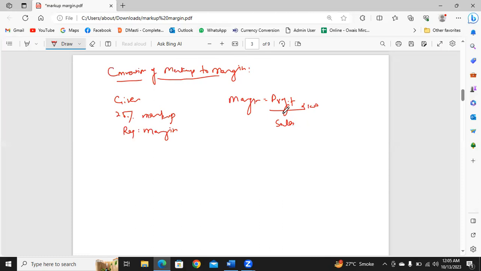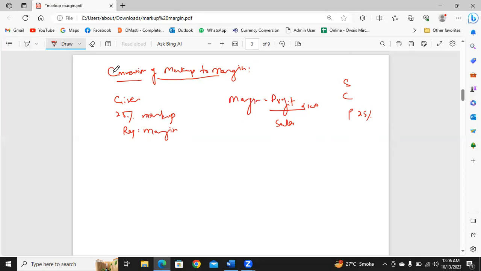Now simply see, if it is a margin, so SCP. If profit is 25%, let us suppose, then if it is a margin, so sales will be, sorry, currently see it is a markup, right?